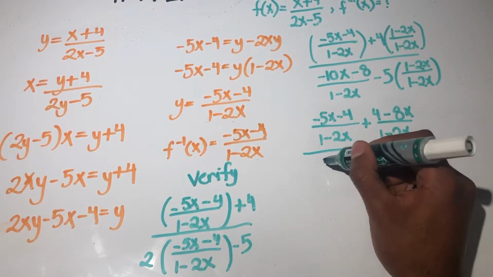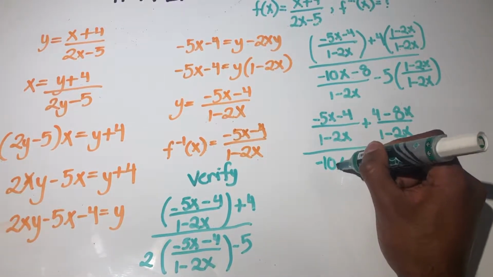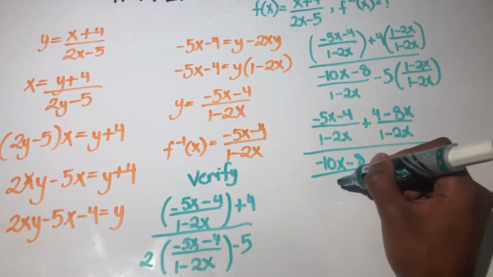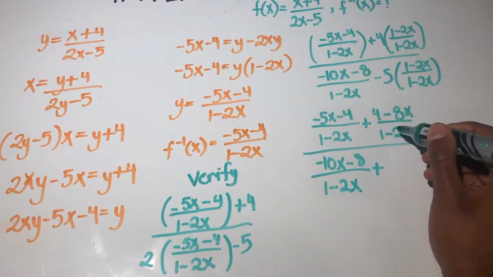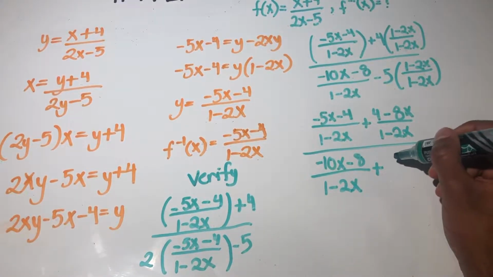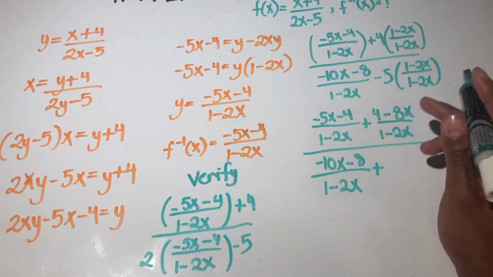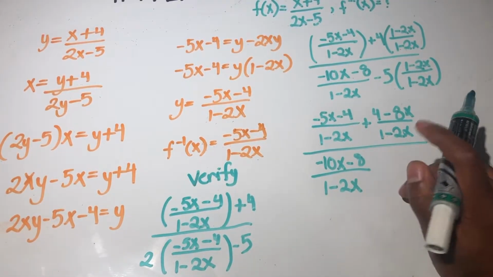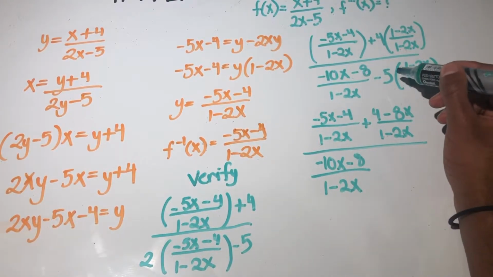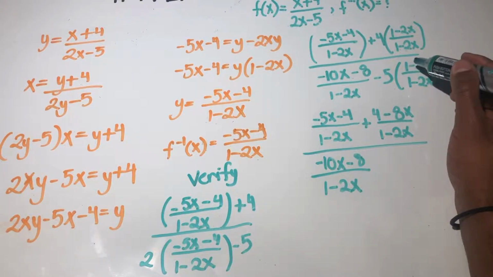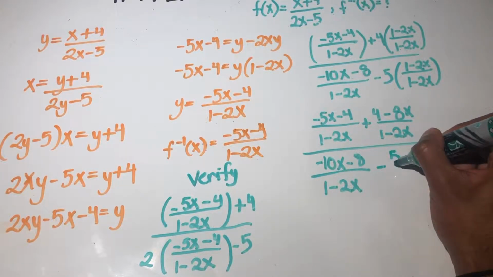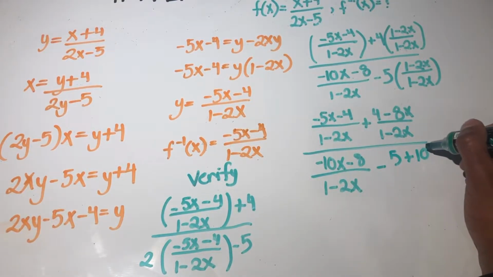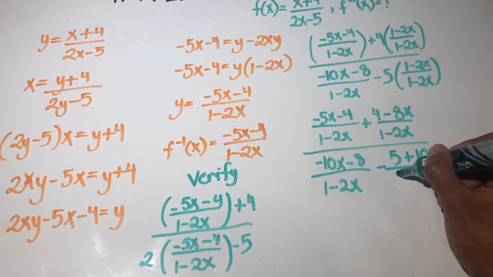And then at the bottom we have negative 10x minus 8 over 1 minus 2x plus, or excuse me, it's going to be, so negative 5 times 1 minus 2x, that's going to give us negative 5 plus 10x over 1 minus 2x.